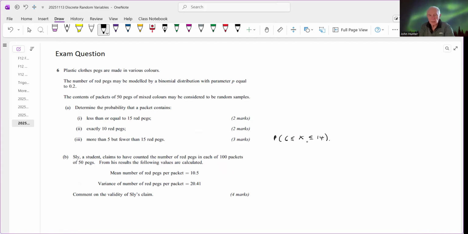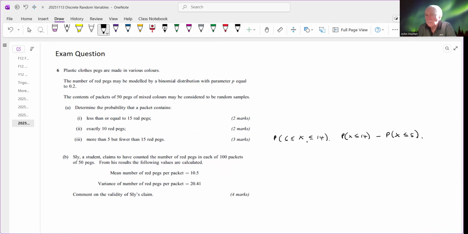Right, so how do we do that? Well, on our calculator, we have to subtract one from the other. So we have to do the probability that x is less than or equal to 14, and then take away the probability that x is 5 and less.